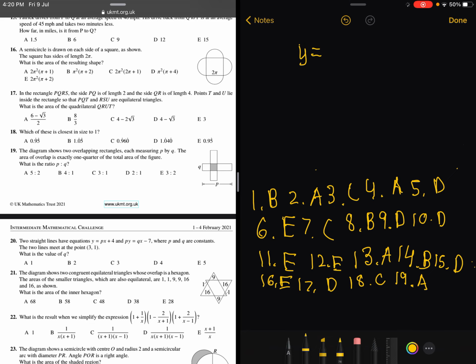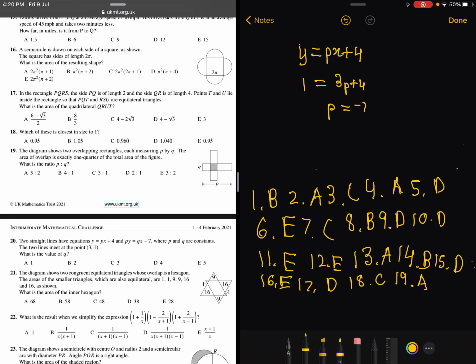So y is equal to px plus 4. We already know the values of x and y. The two lines meet at the point 3, 1, so we can substitute values. 1 is equal to 3p plus 4, giving us that p is equal to -1.